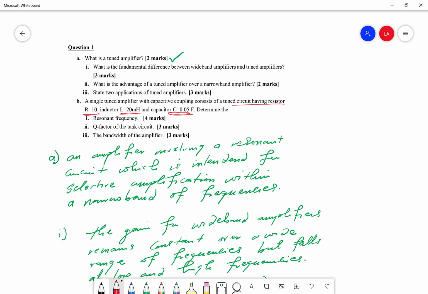This should have been microfarad, but don't worry, the principle still holds for the steps we would use for the calculation. Let's just go ahead and use that for the calculation.